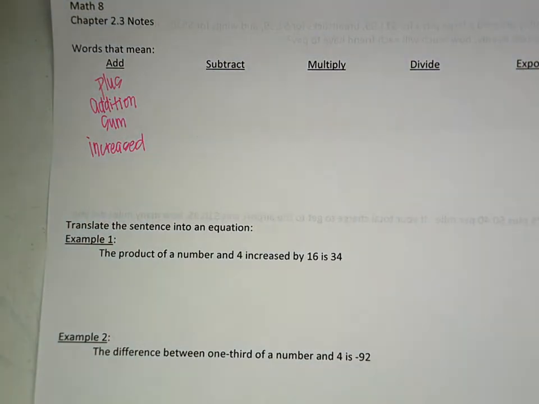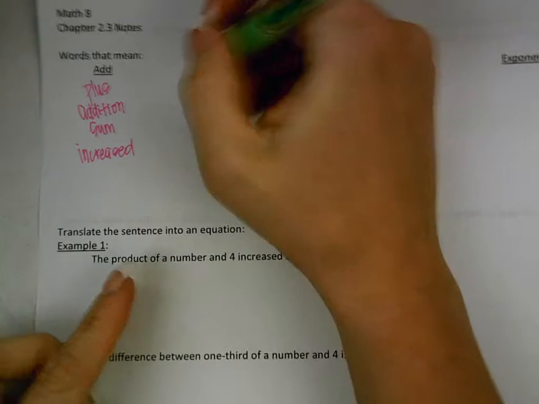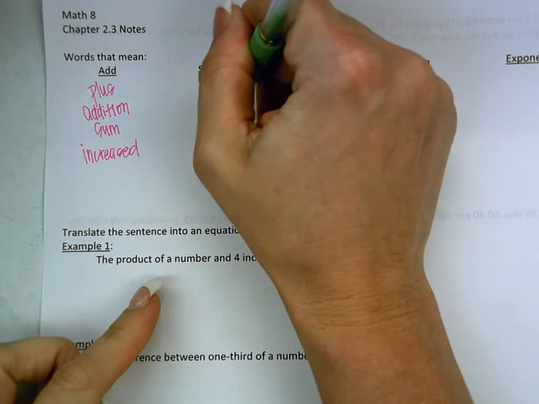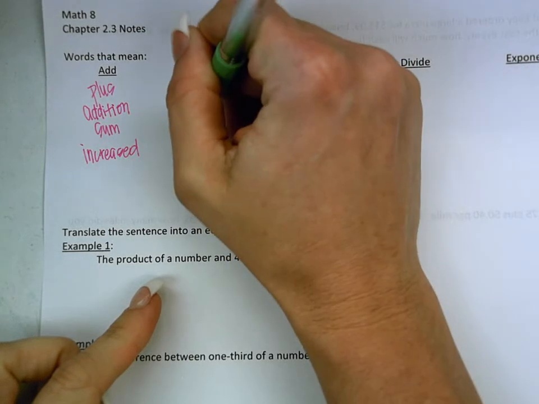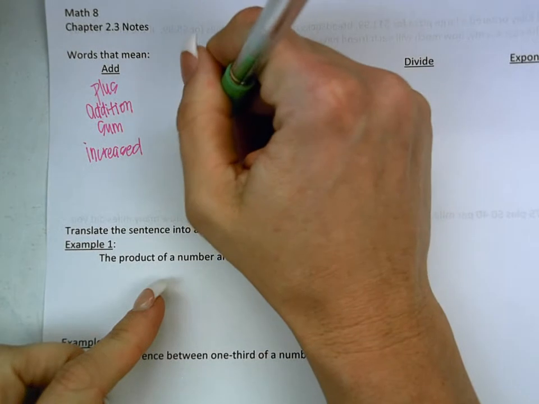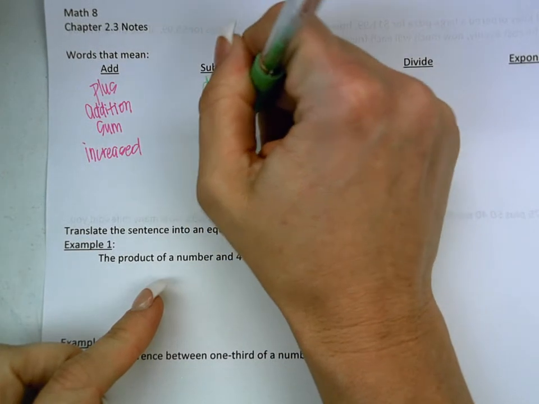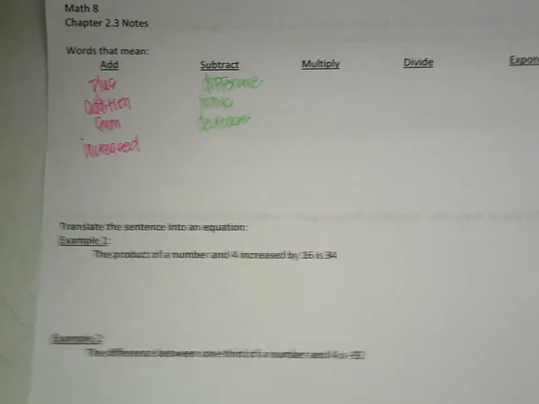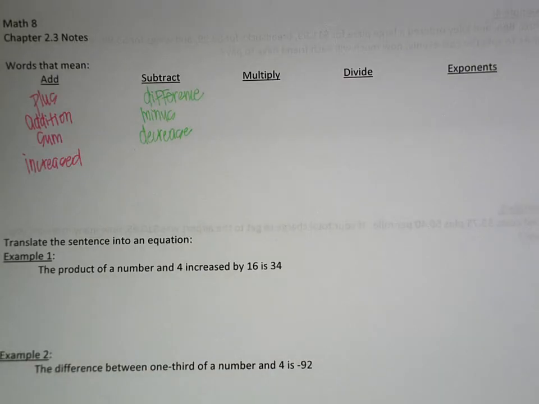Okay, what are some words that mean subtraction? Difference, that's the big one that you're going to see a lot. Difference. Okay, yeah, I got minus. Decrease. Exactly, the opposite, so decrease. There are a lot of words that start with D that mean subtract: difference, decrease.